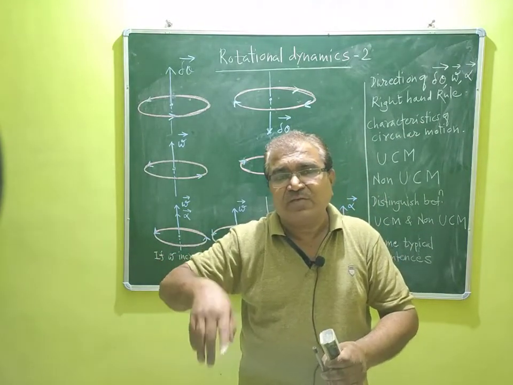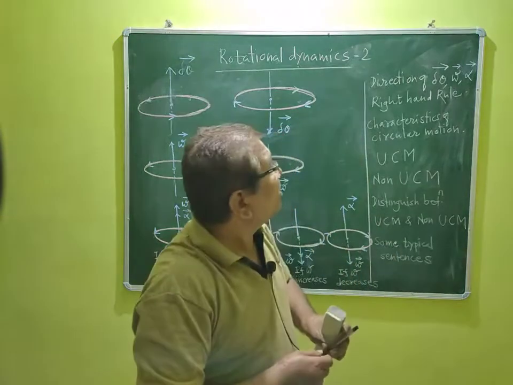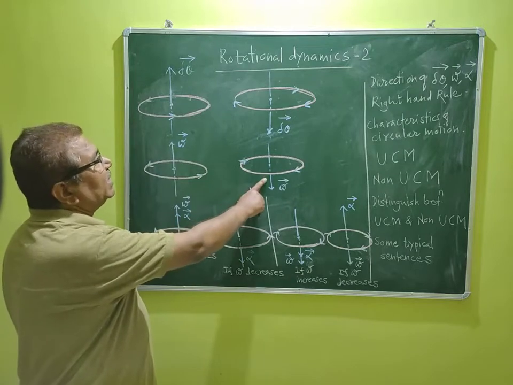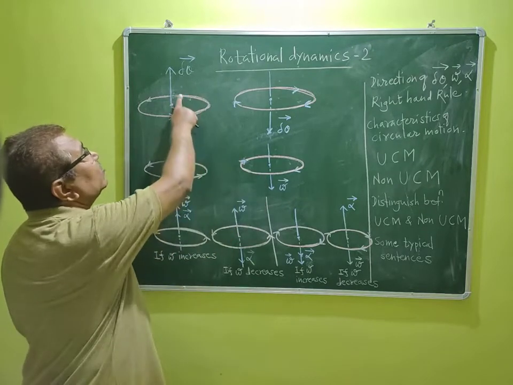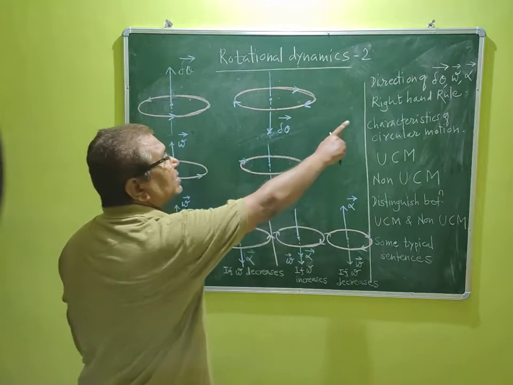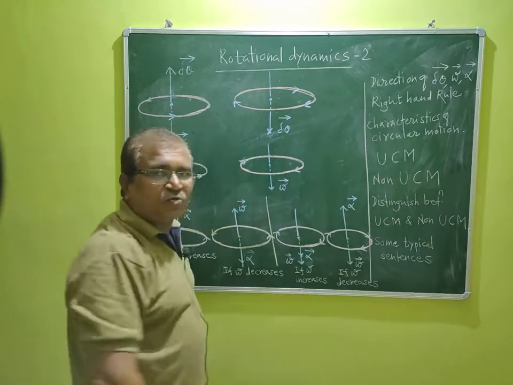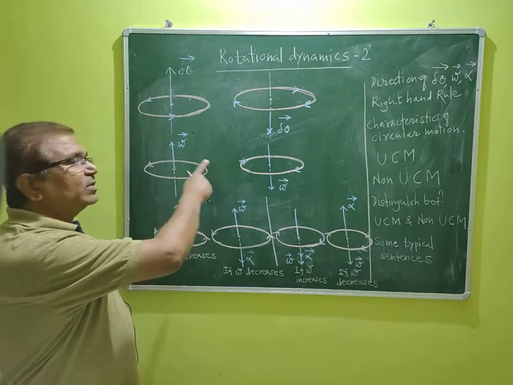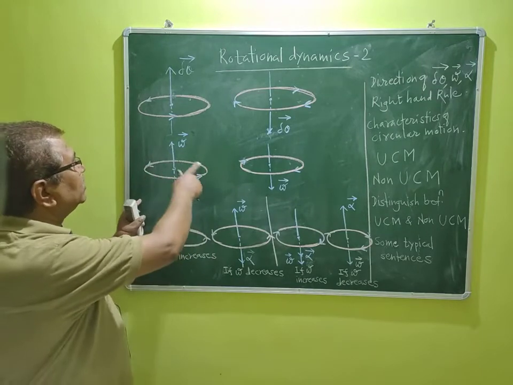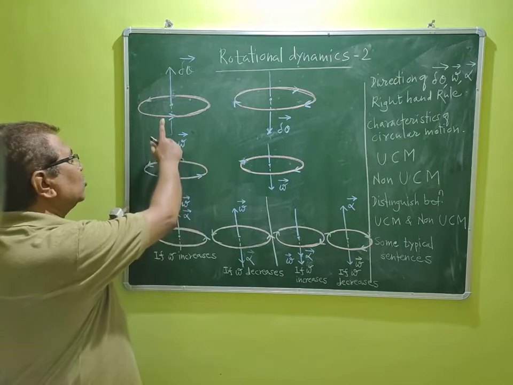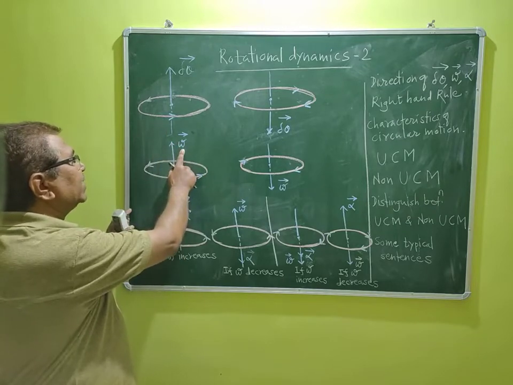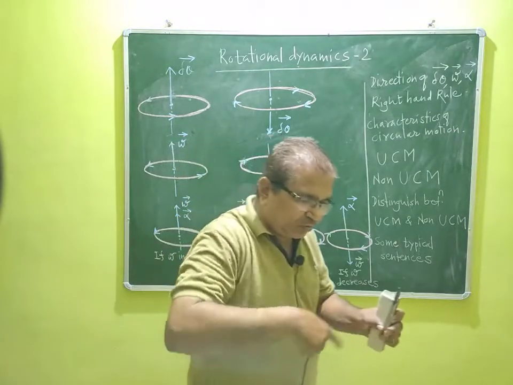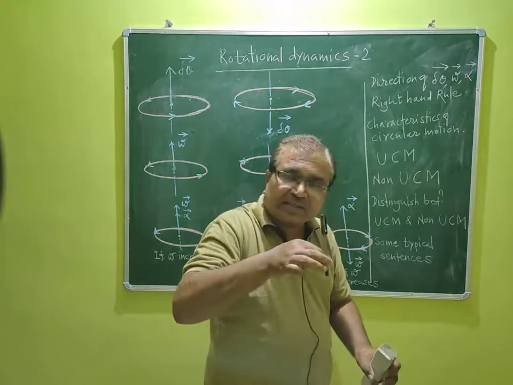Okay, then we'll approach to learn the direction of angular velocity. The same case, just like angular displacement, which is suggested by the right hand rule. When the direction of the circular motion is anti-clockwise, the direction of angular velocity is in the upward direction, perpendicular to the plane of the figure like this.